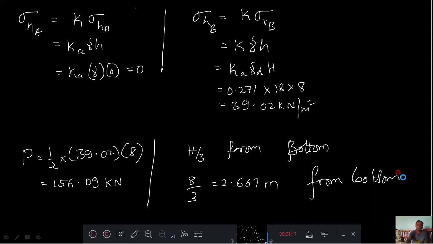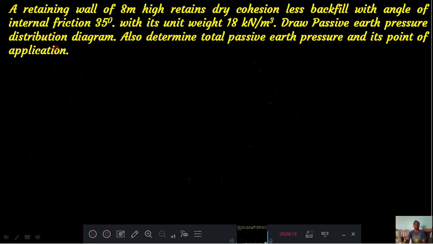Okay, next I will go to the second problem, that looks like the same. The retaining wall is 8 meter height and has a dry cohesionless backfill, phi 35 degree and gamma 18, and everything is same. I think the change they made here is they are asking for passive earth pressure. Then the procedure is 100% same.